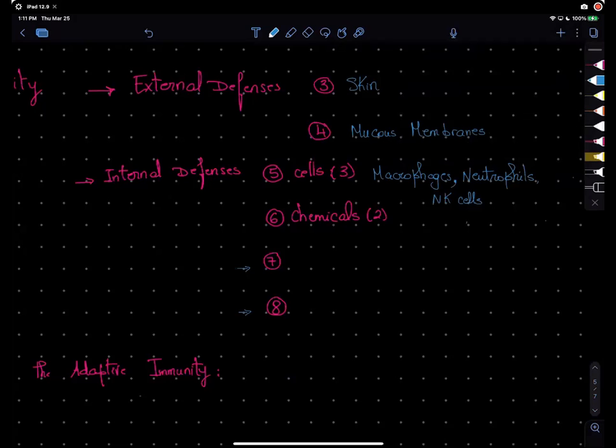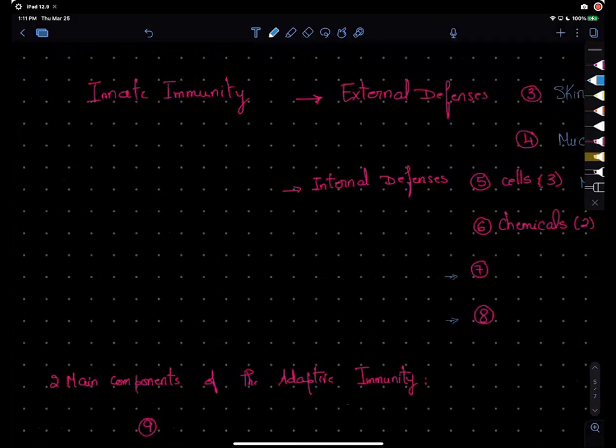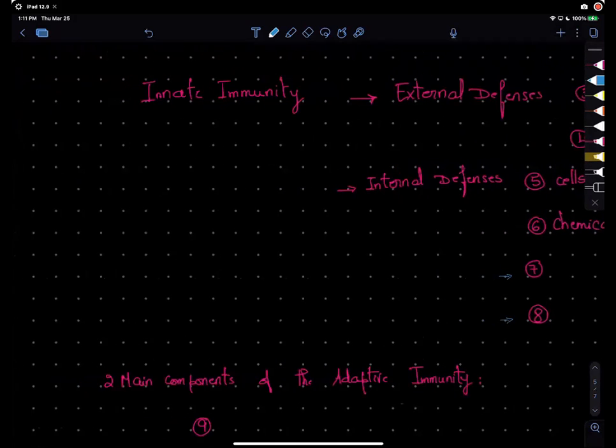Two chemicals. If you remember, one of the two chemicals was released from the viral infected cells. So you've got a cell in here. The virus infected the cell by injecting its DNA, its genetic material, to be integrated with the cellular DNA.